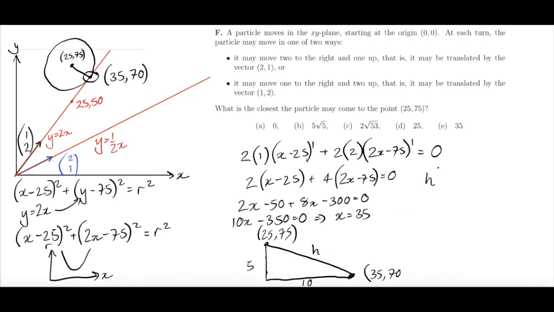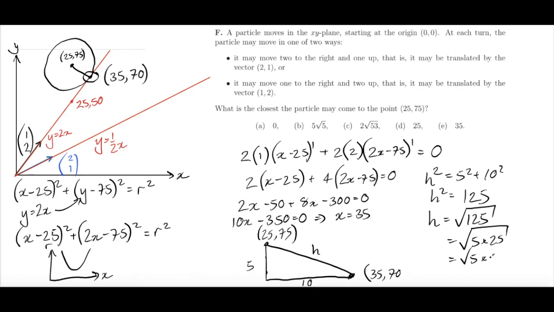Using Pythagoras' theorem, h squared equals 5 squared plus 10 squared. h squared equals 125. So h equals the square root of 125. 125 is just 5 times 25, which is the same as 5 times 5 squared. So there is our answer, 5 root 5.